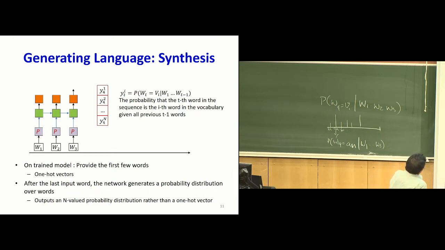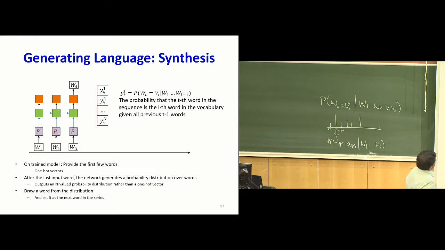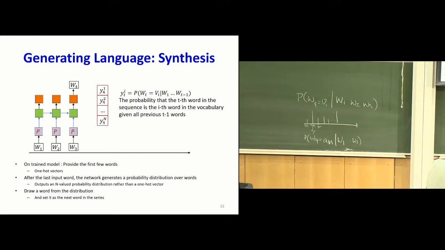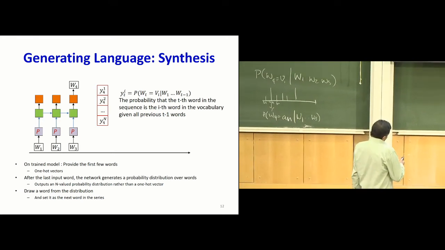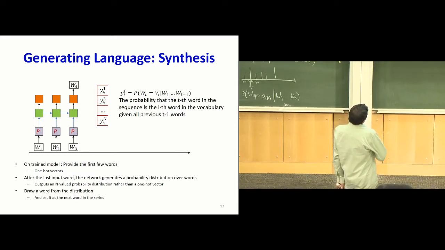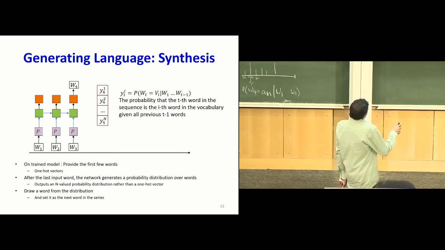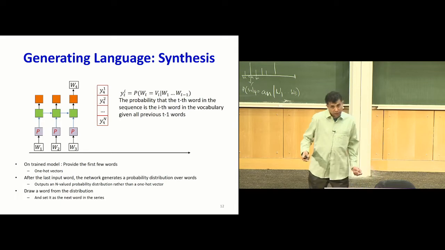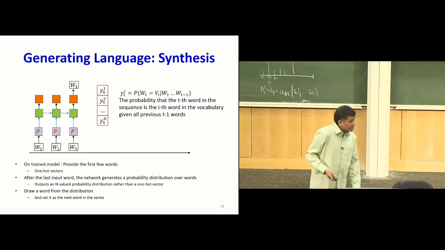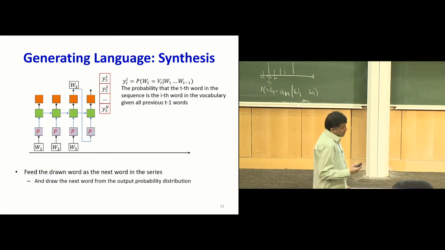So once you provide the first few words, say you input W1 through W3. At W3, you'd get a probability distribution for W4. You draw a word from that distribution. And now that W4, that new word, becomes a reality because you've already chosen the word.